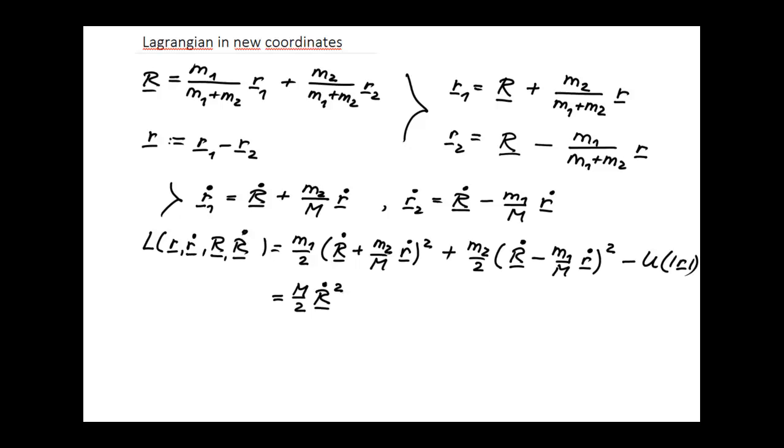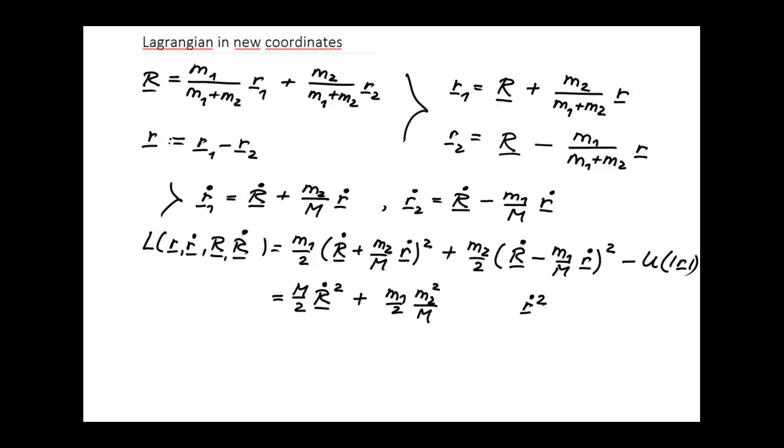And then finally, we have the remaining squares. From the kinetic energy of the first mass, we have an m1 over 2, and then we have an m2 squared over total mass squared, and then we have the relative velocity squared.